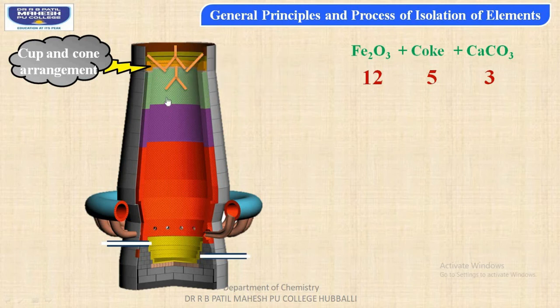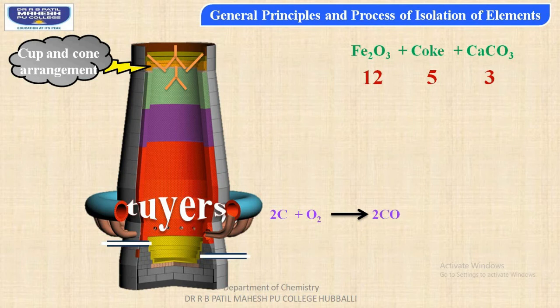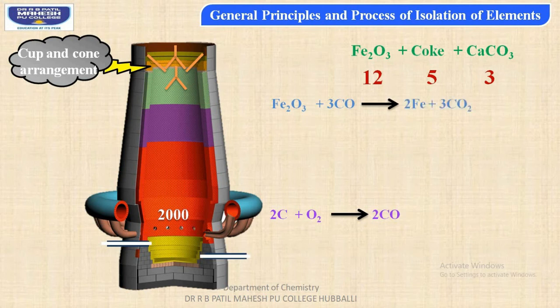you can observe the cup and cone like arrangement, and the first reaction which occurs at the base of this blast furnace is that carbon gets oxidized to form carbon monoxide at a temperature of about 2000 degrees Celsius, and this helps ferric oxide to react with the carbon monoxide, which is formed in the first step, to form iron along with carbon dioxide.